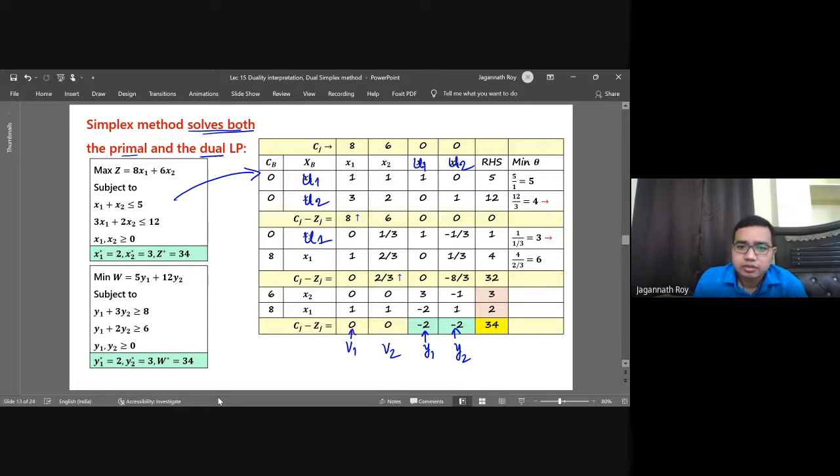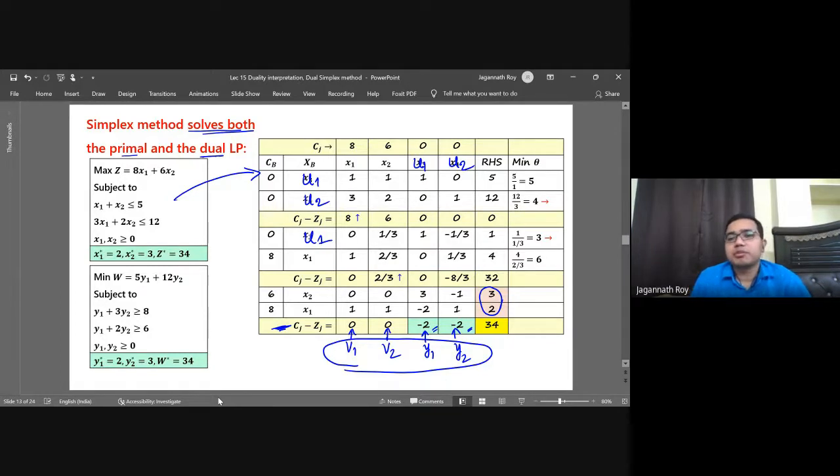So dual variables can be found in the Cj minus Zj row, and the primal values are actually found here. This is the primal solution, and these are actually the dual solutions for this particular problem.